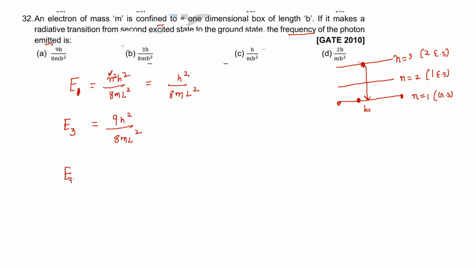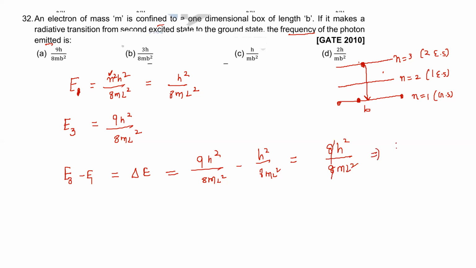Now we will find the energy difference, delta E. It will give you 9 h square over 8 m L square minus h square over 8 m L square, which gives 8 h square over 8 m L square. The 8 will be cancelled out, and you will get h square over m L square. This is the change in energy required for making the transition, but they are asking you to find the frequency.